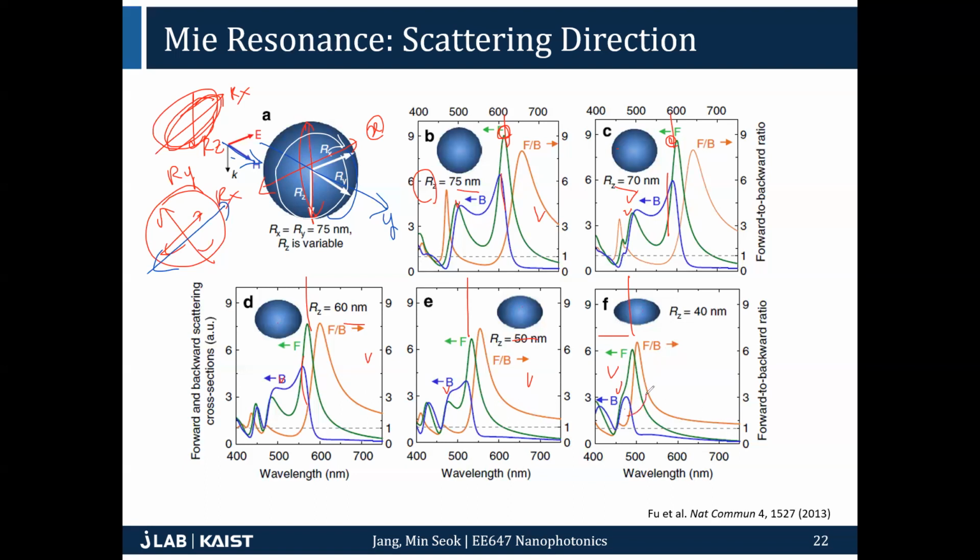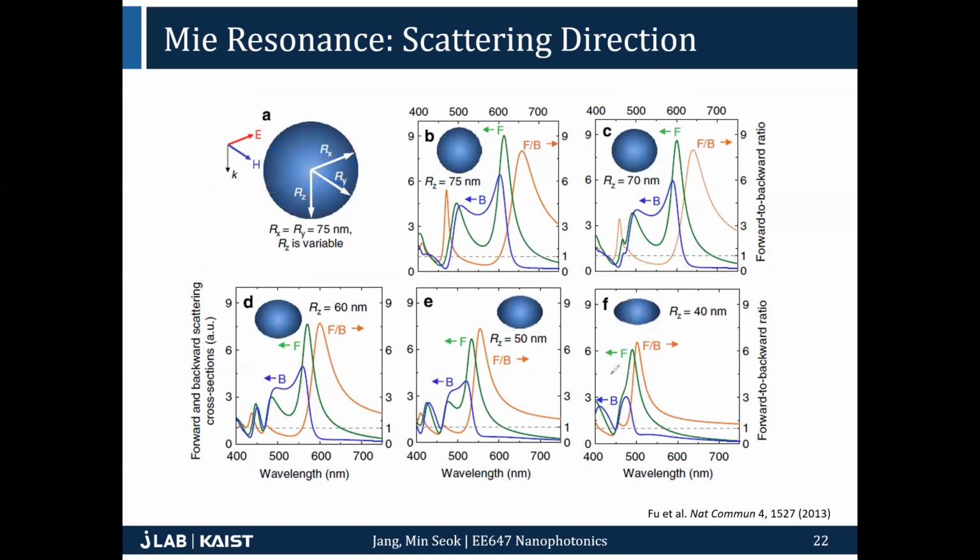So like in here, the electric resonance and magnetic resonance are almost merged. And this merging of electric resonance and magnetic resonance is called the Kerker condition.